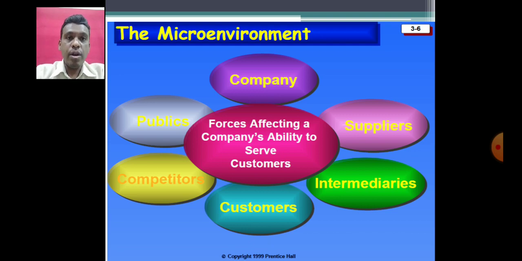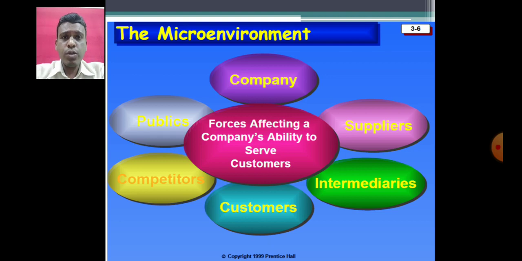We learned about the micro environment today. The micro environment of a company consists of these six things, that is company, suppliers, intermediaries, customers, competitors, and publics. Company consists of various departments. We have seen that all the departments should work together when devising a marketing plan.